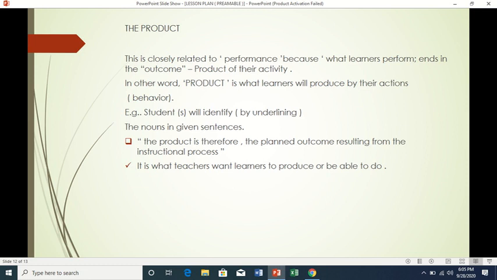So in structuring an instructional objective, all the 4 elements must be present. If you look at the example that I gave some weeks ago, this is a management class, and the teacher is expecting that at the end of the teaching, the students will perform some activities.